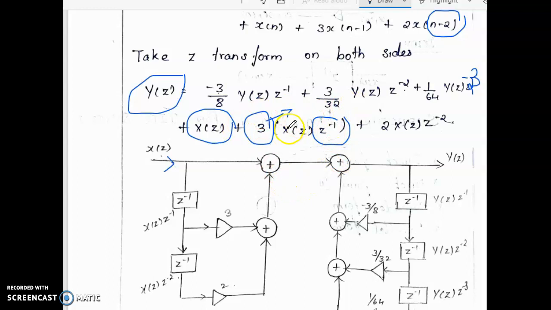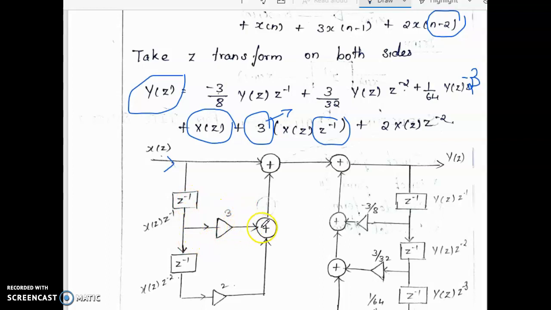So I am going to represent this in the block diagram. X(z) is our input signal and it passes through one delay element. So this point has the function X(z) into z power minus 1, which is x(n minus 1), and it is multiplied with the scalar unit 3.